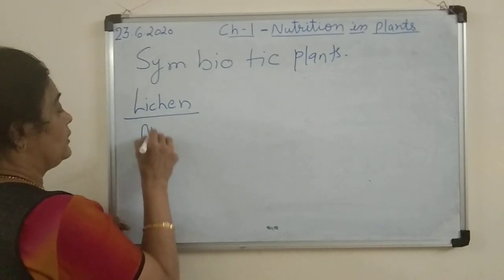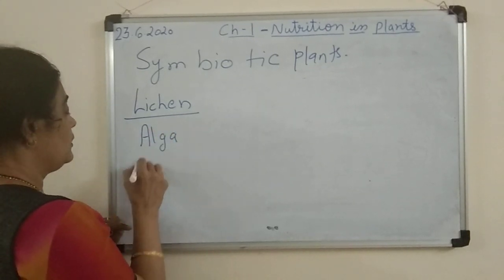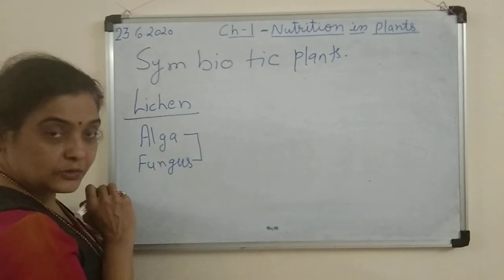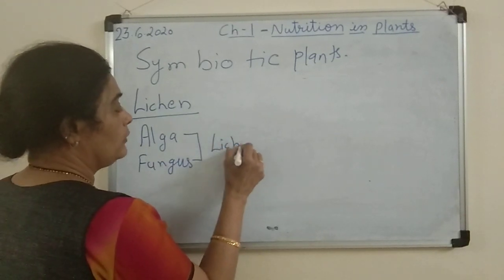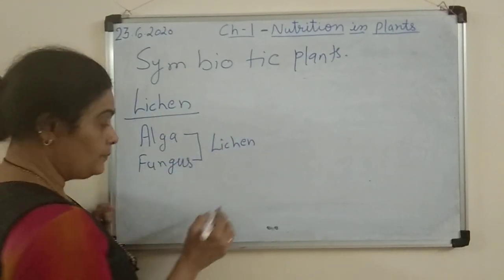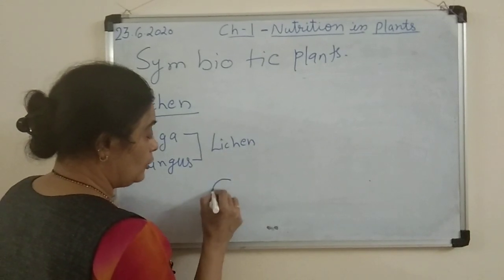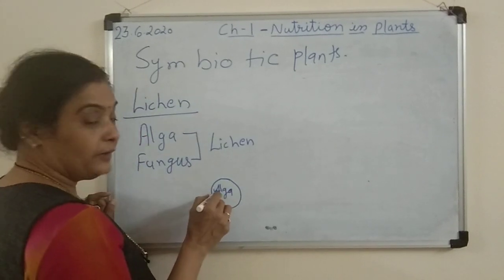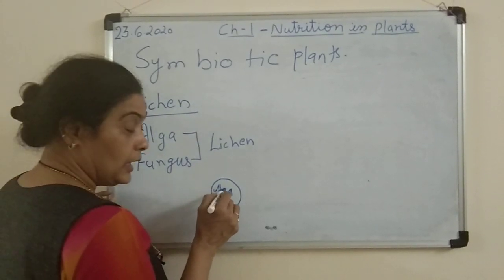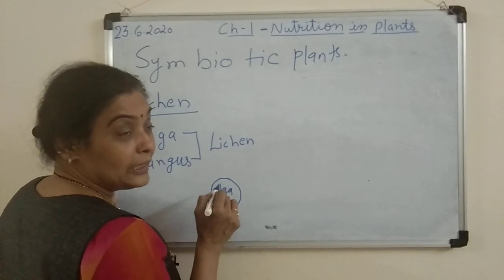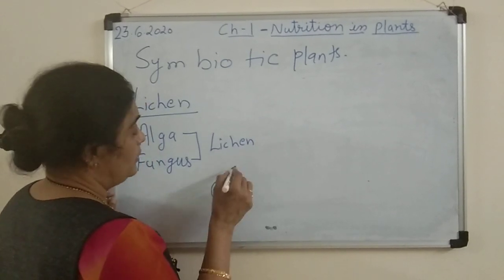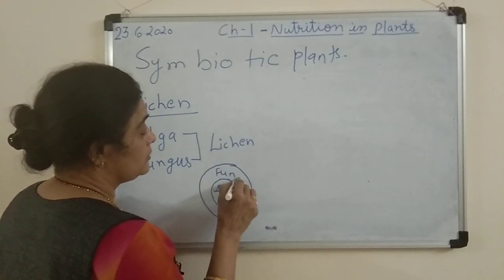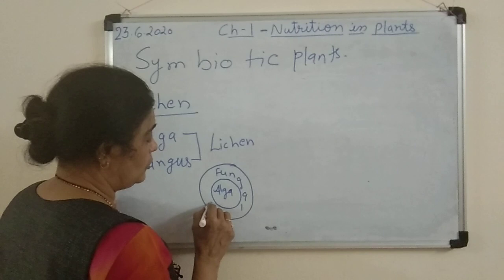So here, one alga and one fungus remain in association and they form a lichen. The fungal colony is around, and the algal colony is in the center, manufacturing food. To manufacture food, they need raw materials. Raw materials are supplied by the surrounding fungal colony.